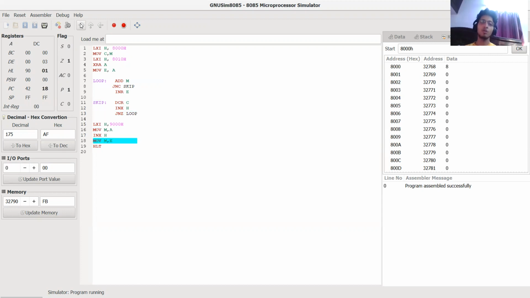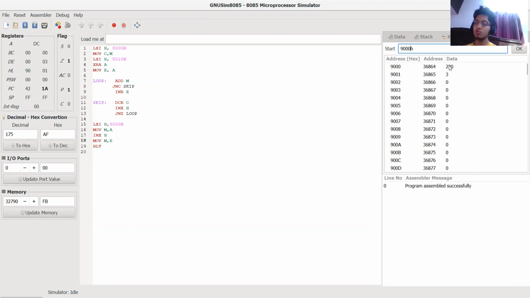Now when the value of the counter becomes 0, our lower byte will be stored in A, which is DC, and our carry is stored in register E, which is 03. This is the same output which was expected in our slides. You can also see your output from here, but that is going to be in integer form.